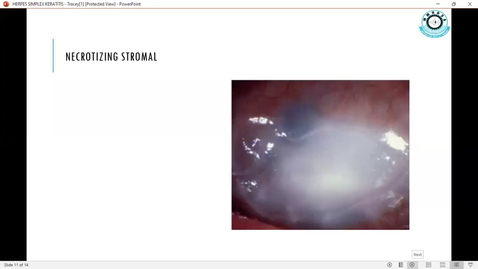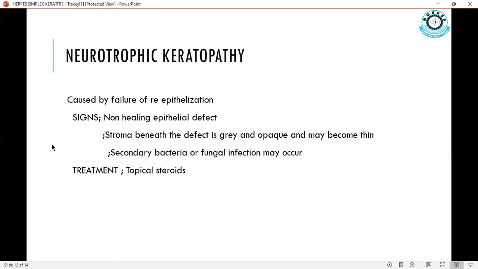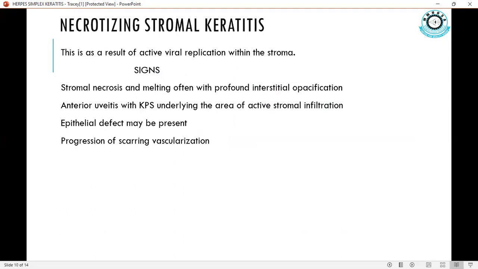And for necrotizing stromal keratitis, actually, it may be difficult to distinguish it from disciform keratitis. So, the picture of necrotizing stromal keratitis.